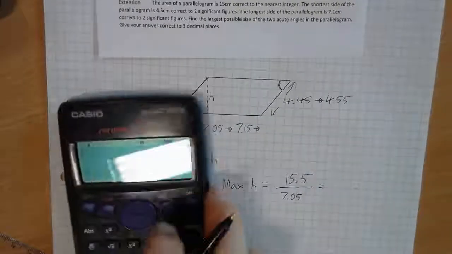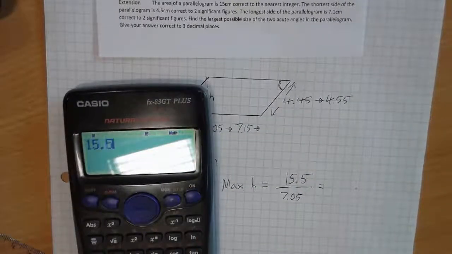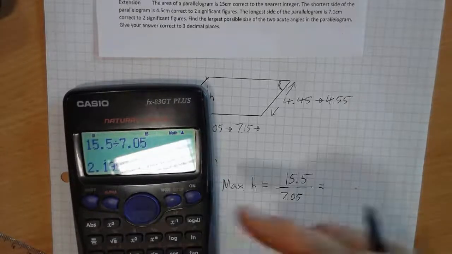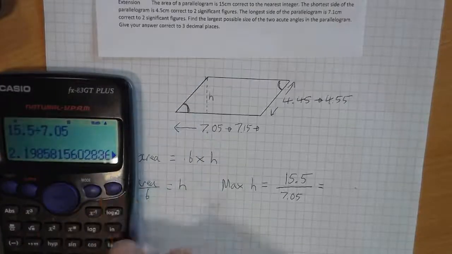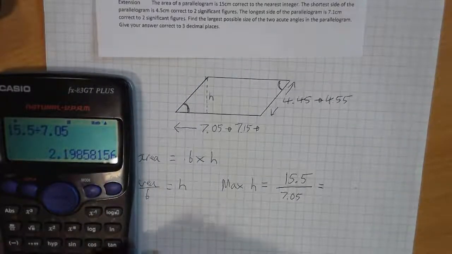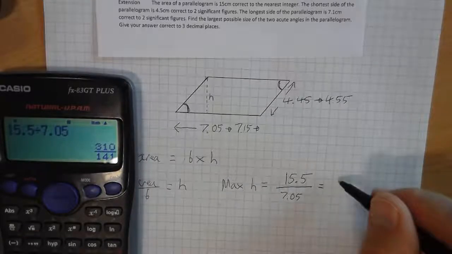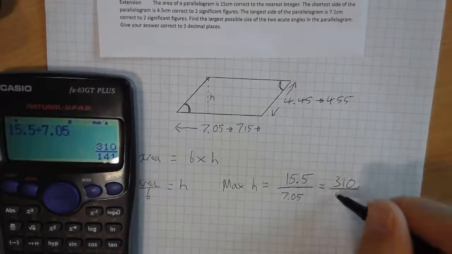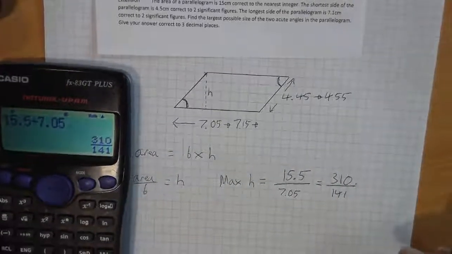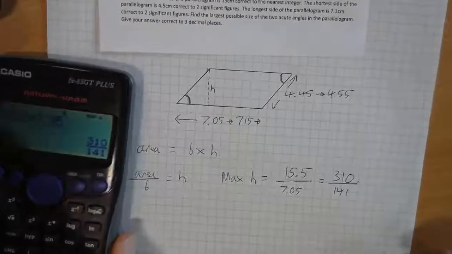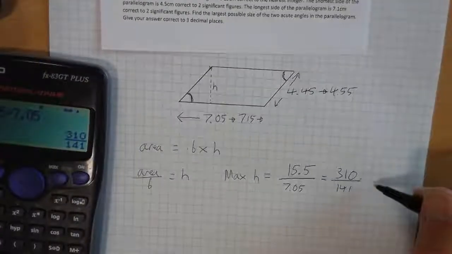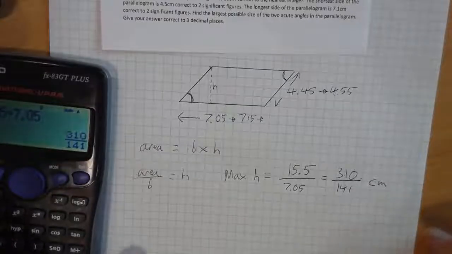I'm just going to put that into the calculator. 15.5 divided by 7.05. Okay. I've got this long decimal, but I've also got it as just 310 over 141, which is perhaps easier to use. So that's my maximum height, that in centimeters.